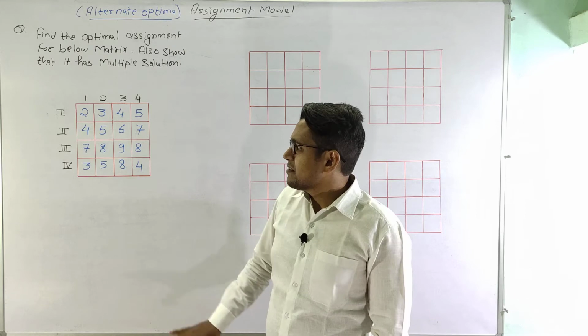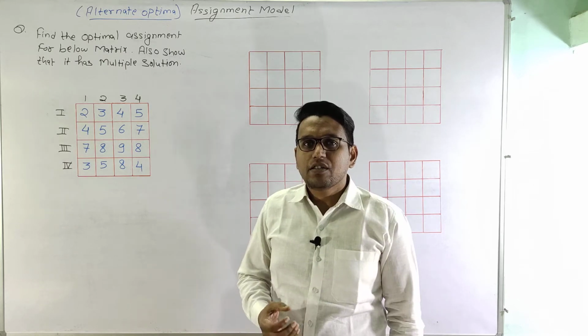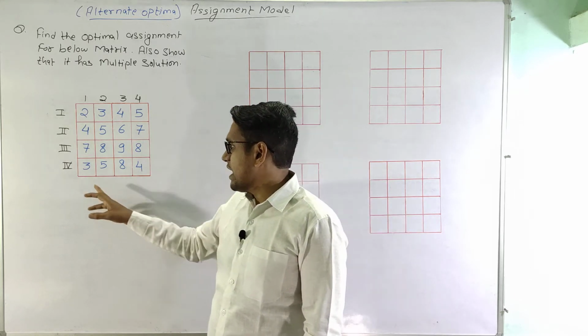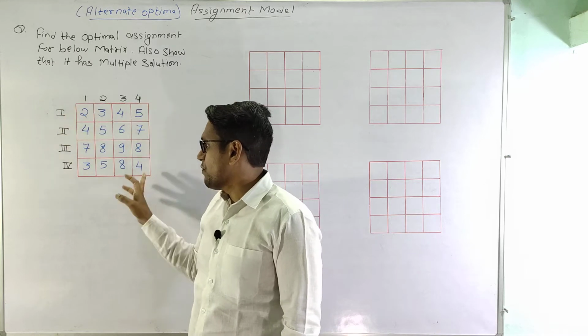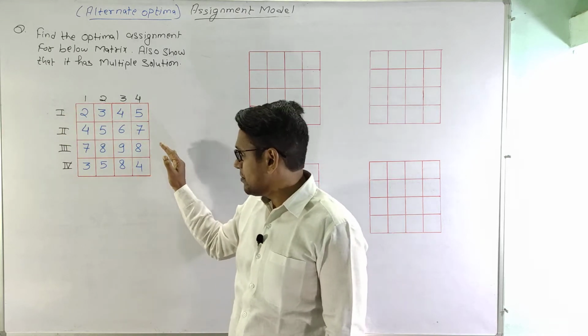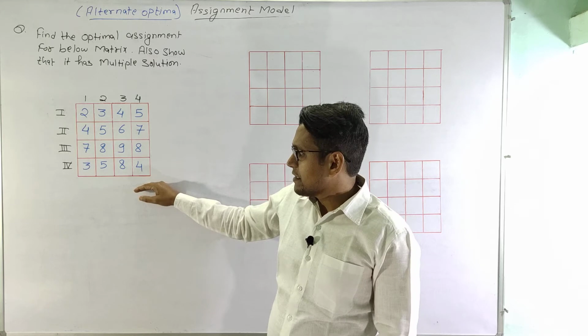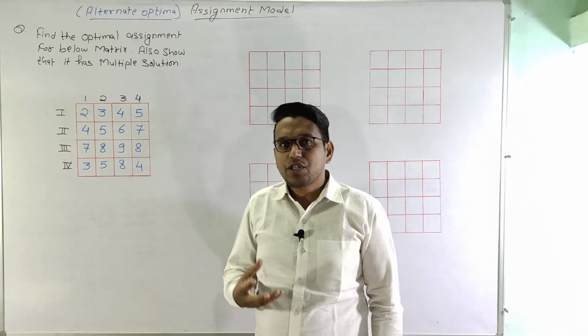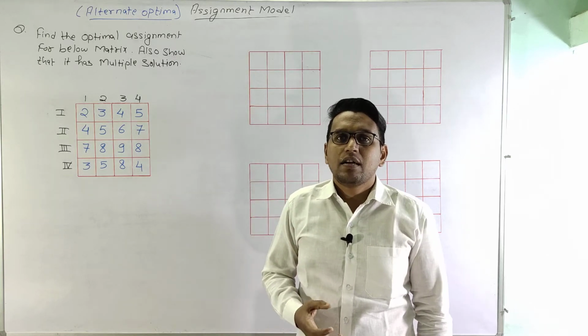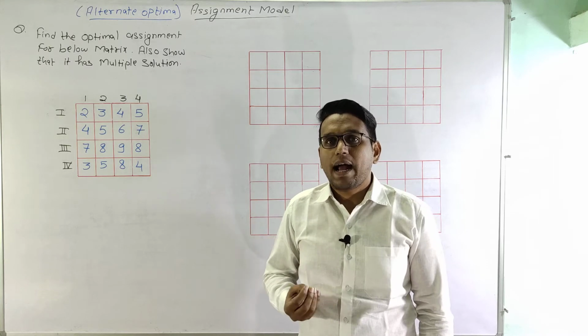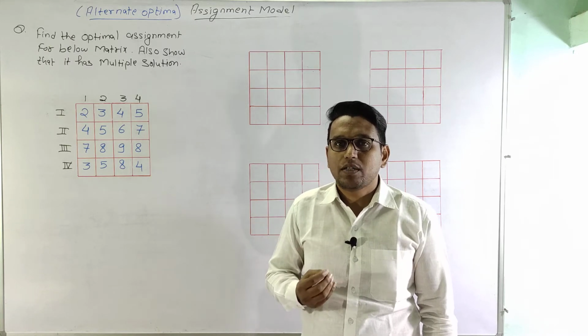The first step is that our matrix should be a square matrix. We can see that it is already a 4 cross 4 matrix, that means it is already a square matrix. Now the second step is to reduce the matrix in such a manner that each row and each column has at least one zero in it.